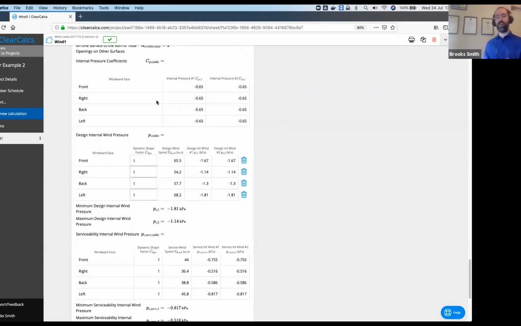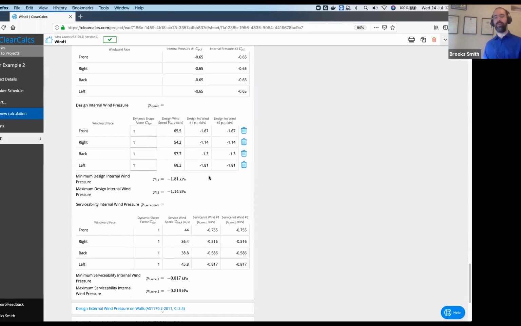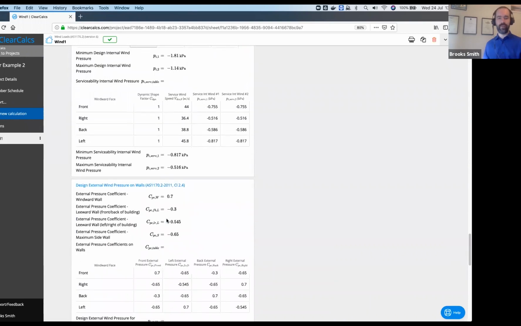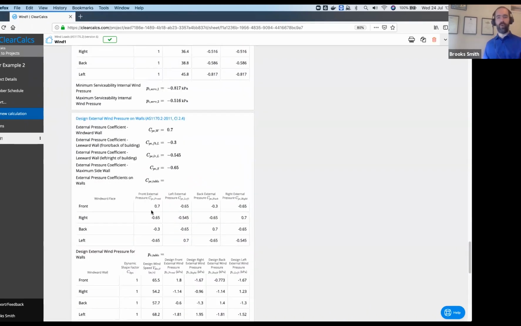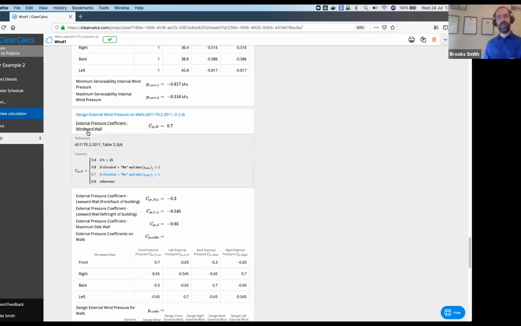But within here, we're going through all of the table lookups. We're calculating out what all of your design internal wind pressures are here. Same with external pressures, and we'll do that for both walls and for roofs. Again, you can expand out and see different conditions that we're considering too.